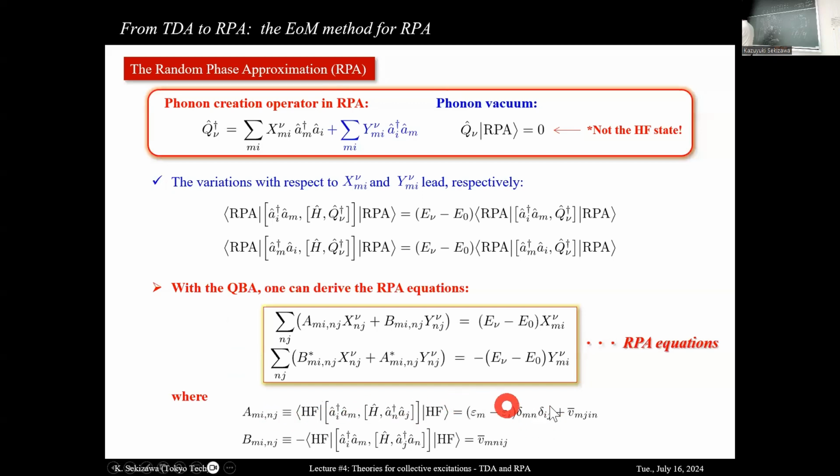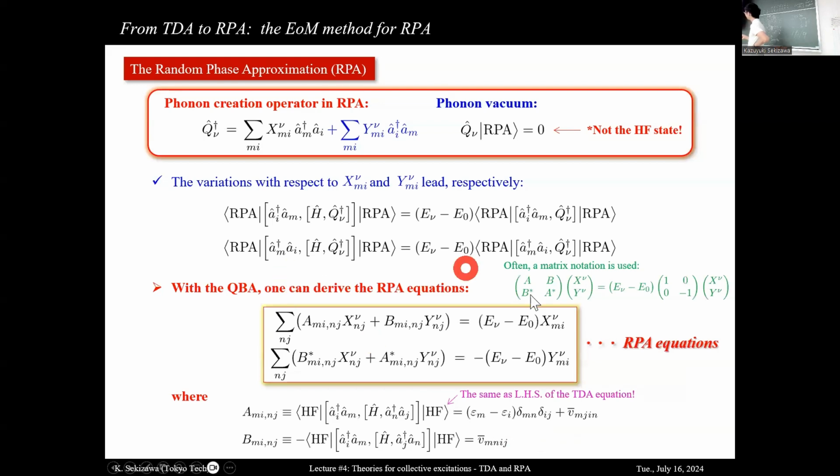The A term corresponds to the same as the Tamm-Dancoff approximation that you saw in the first part of this lecture, and B corresponds to the matrix elements in here. As written here, this definition of A corresponds to what was written on the left-hand side of the TDA equation.